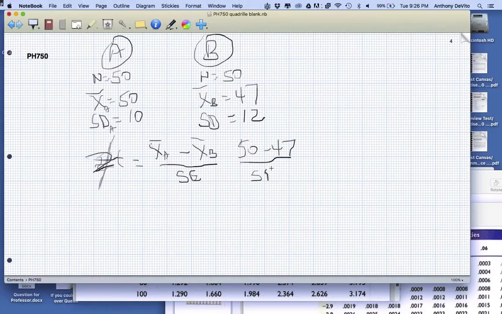So what do I do about the standard error? There are several things that you could do with the standard error. One thing that you can do is say to yourself, they look very close together.